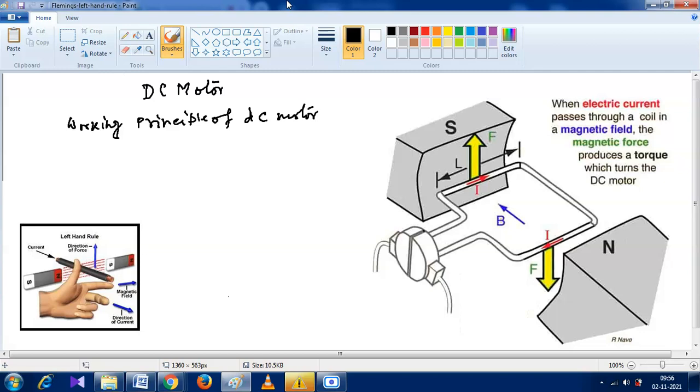First, tell me, is there any difference in construction between a DC generator and a DC motor?